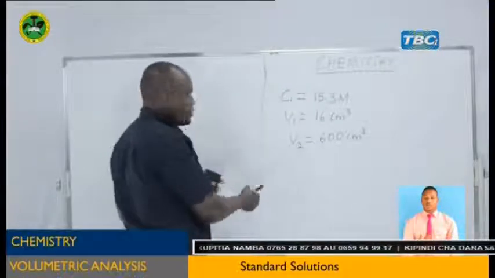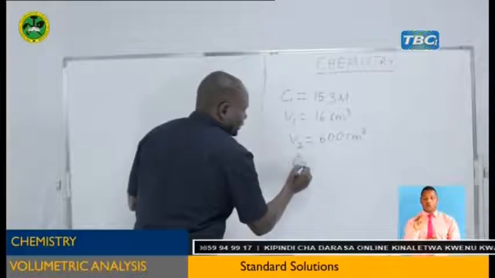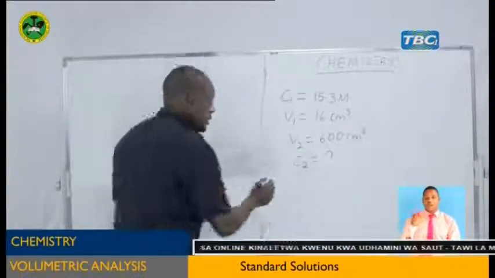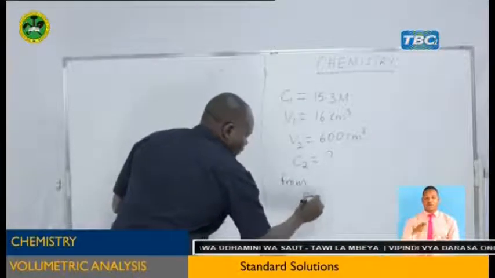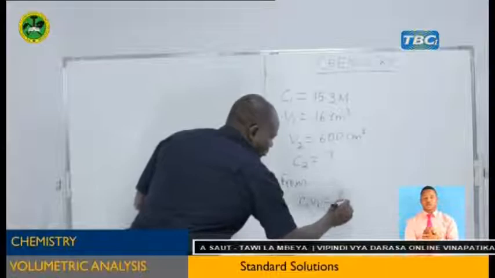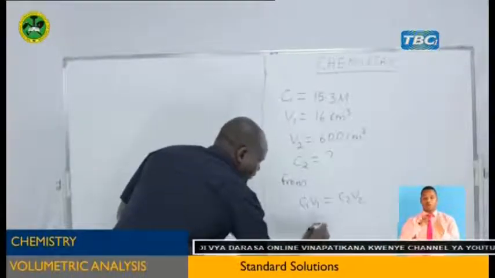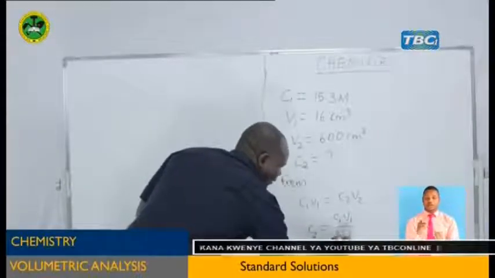So we are now required to calculate the concentration or molarity of the dilute solution. So this is dilution law: C1 V1 is equal to C2 V2. Now we are looking for C2. That will be equal to C1 V1, then divided by V2.